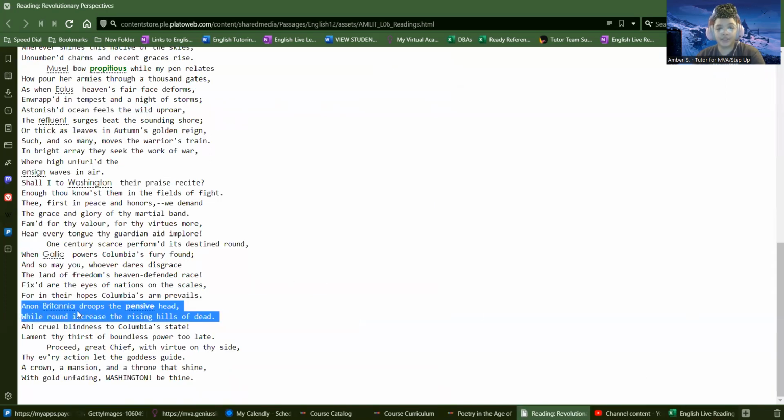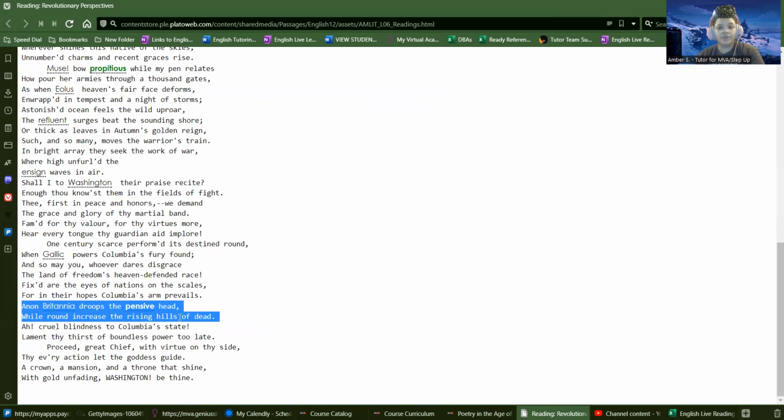So soon, basically, Britannia, so that's Great Britain, referring to it as kind of like a goddess, like a divine name, the same way that Columbia is America in this poem. So soon Britannia is basically what they're saying, droops. Remember, we talked about dropping your head down, the pensive head. So in serious or deep thought, contemplative, considering, right?